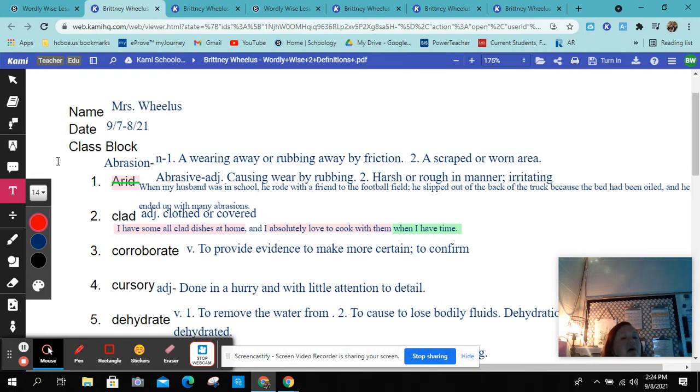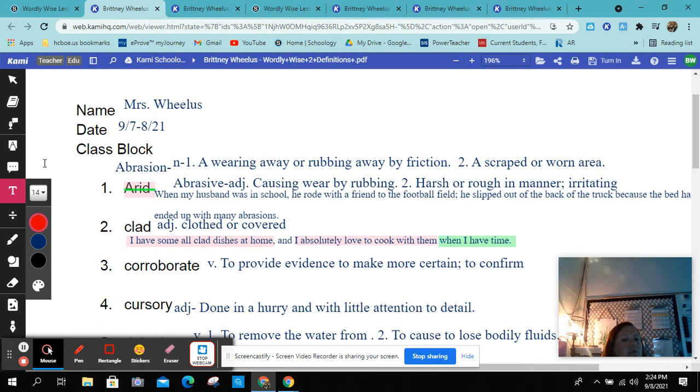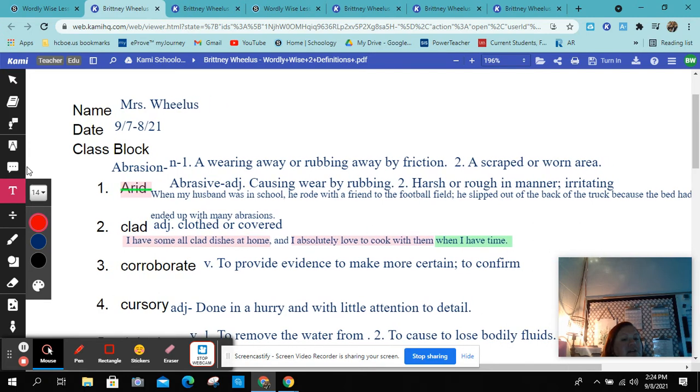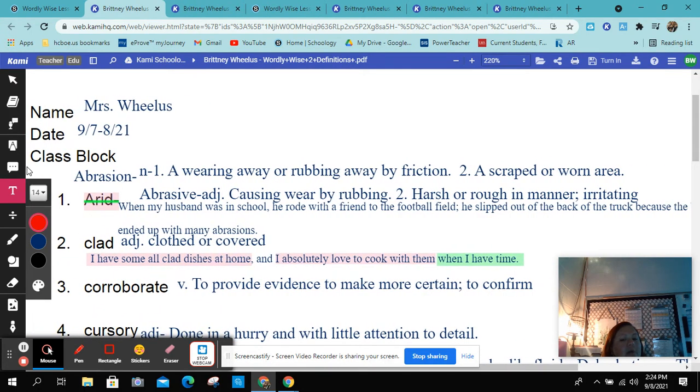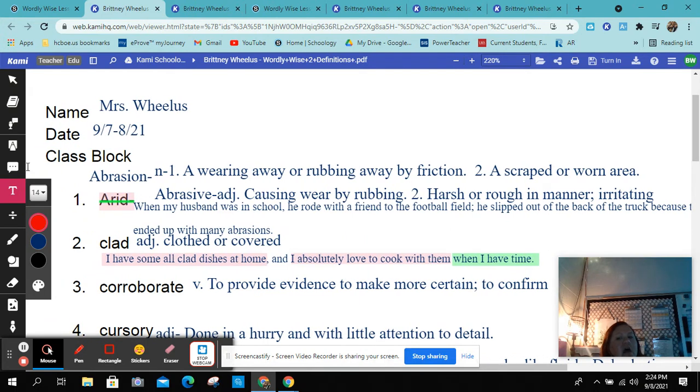The first part of speech, abrasion is a noun and it means a wearing away or rubbing away by friction, a scraped or worn area. And then you have the different form, abrasive, and it is an adjective, which means causing wear by rubbing, harsh or rough in manner, irritating.